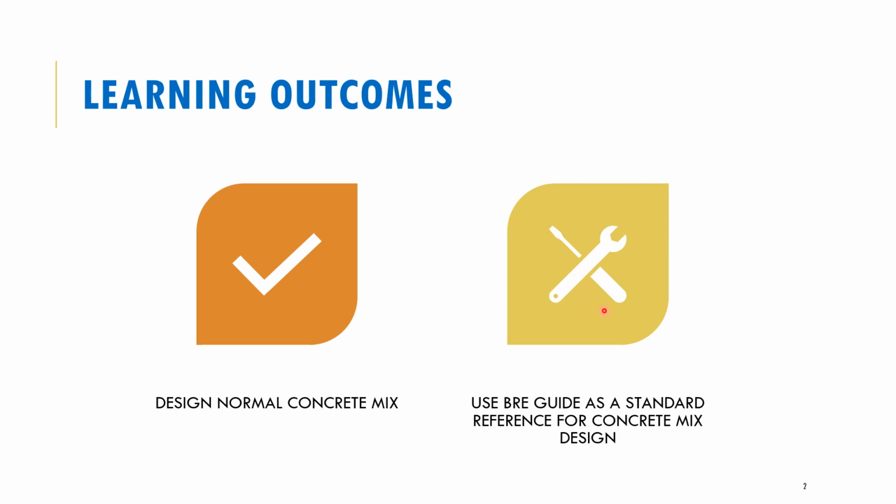It's a very easy guideline to use, and I've already uploaded the guideline as a PDF document onto Moodle, so please do check it out. But I'll basically be going through the use of the guideline and the process that is adopted to design your concrete, your normal concrete.